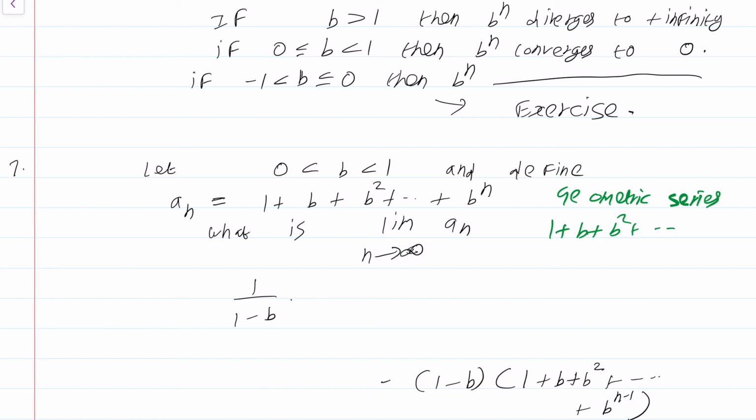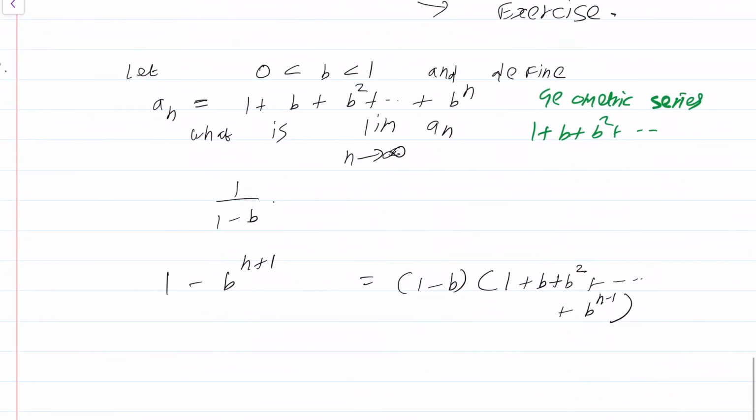What I want to say is 1 - b^(n+1) is actually equal to (1 - b) into (1 + b + ... + b^n). In fact, this is all the way up to b^n.